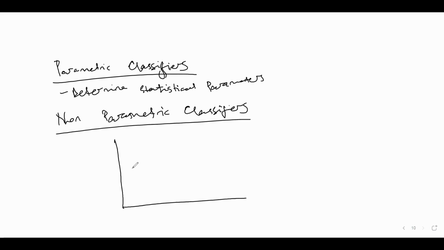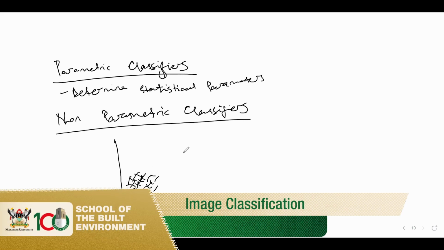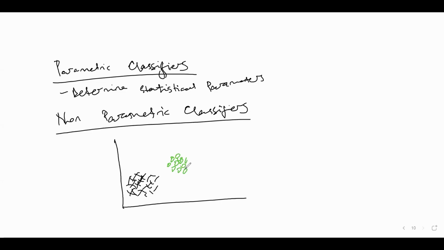I'll give you a very simple one. We can have our training data here, and then we have another training data there. There are classifiers which will just look at the best way of putting a straight line through there. So in literature, you'll hear support vector machines, or you can also have what we refer to as k-nearest neighbor.